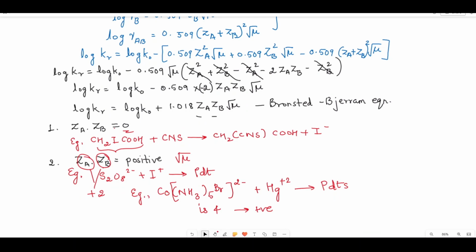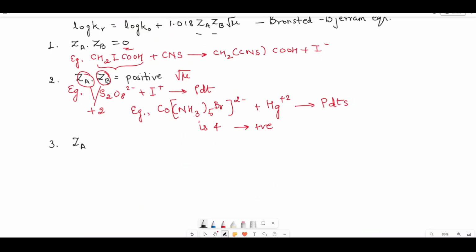Lastly, the third case arises. Now, here it is positive, here it is 0, here it is positive. So, the last case will be when it is negative. It means that ZA and ZB are of opposite signs.